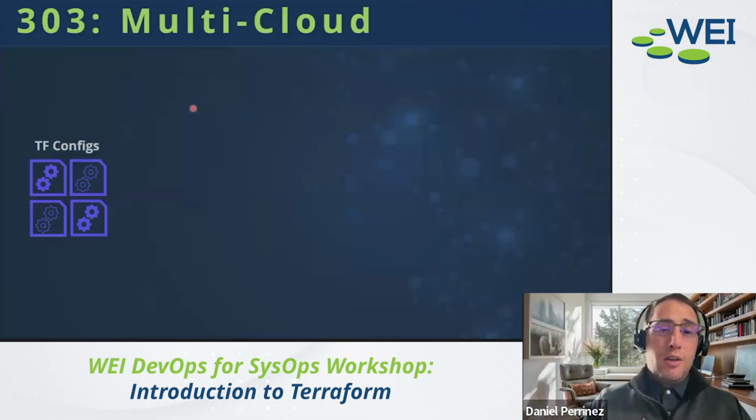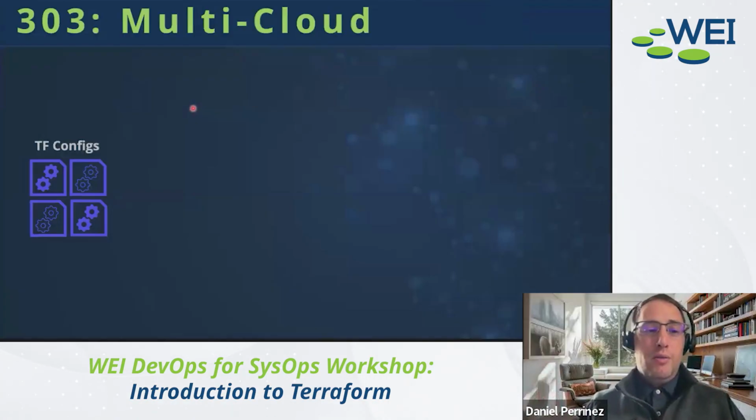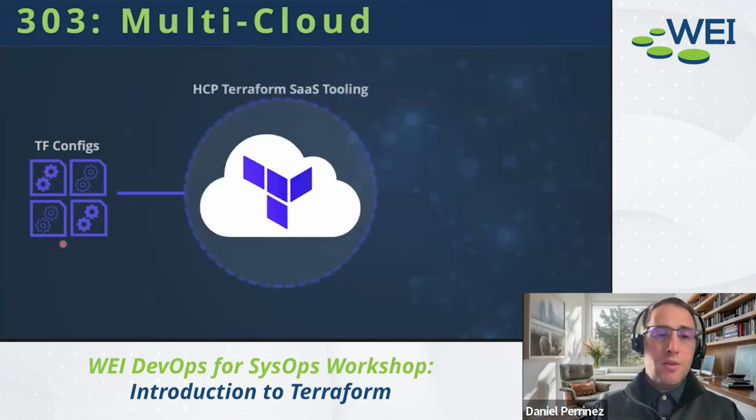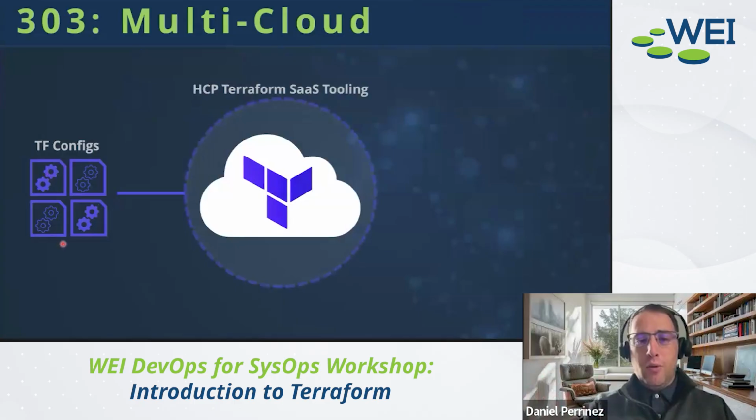So what am I proposing here for how you would use Terraform to deploy to multi-cloud? Well, you would set up your tfconfig files, and then you could use something like HCP Terraform. This is like their SaaS tool, right?